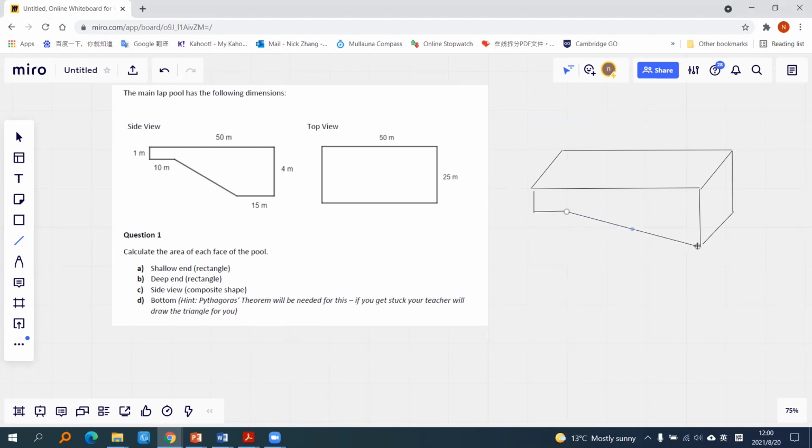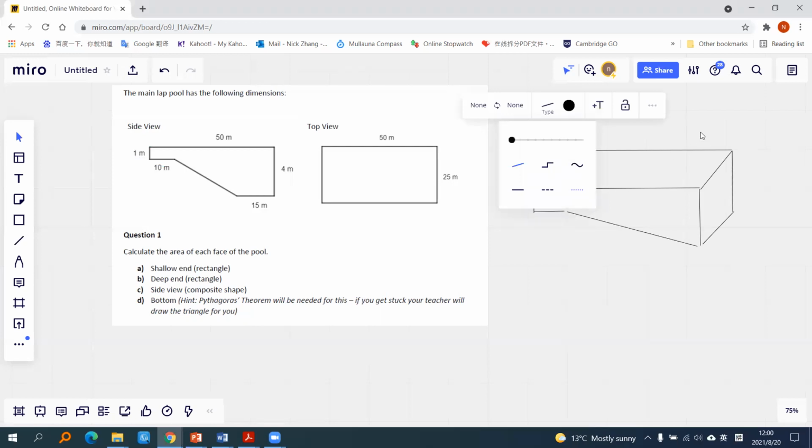Okay, so that's roughly the swimming pool. Let me add a little bit more to make more sense. So this one here, I need to use a dashed line.